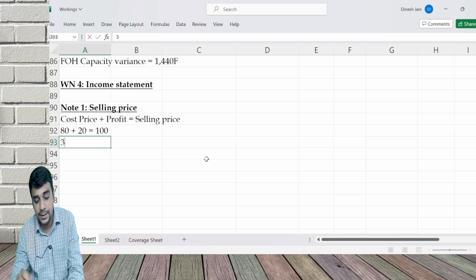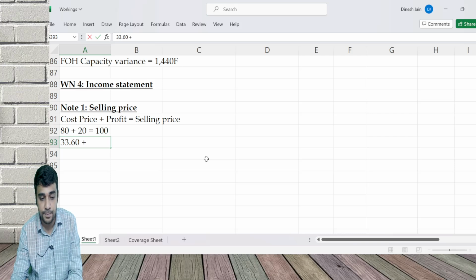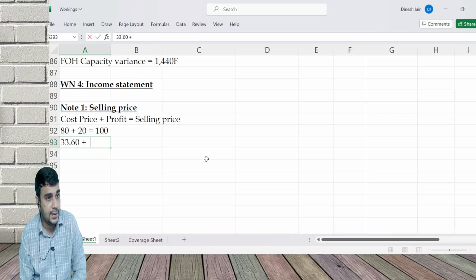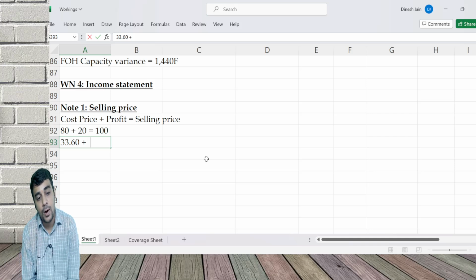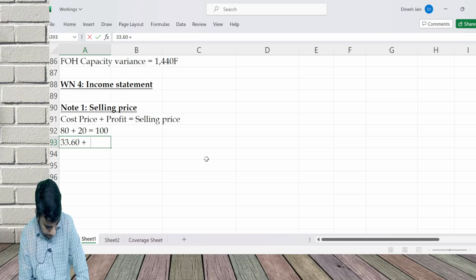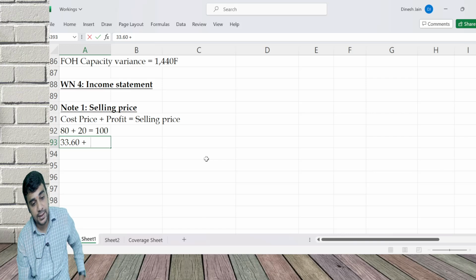In place of 80, you have 33.60. What should be 20? What should be 100? You tell me. Do the calculation. 80 plus 20 is equal to 100.